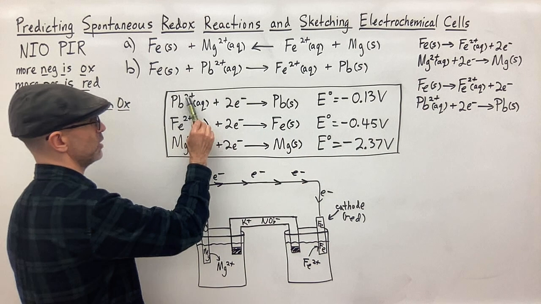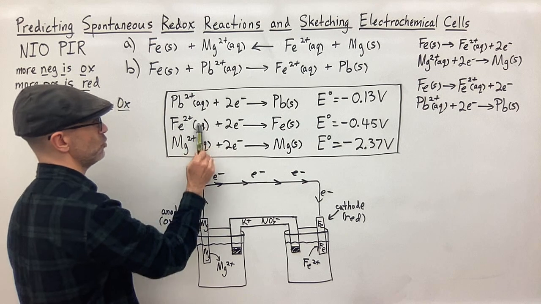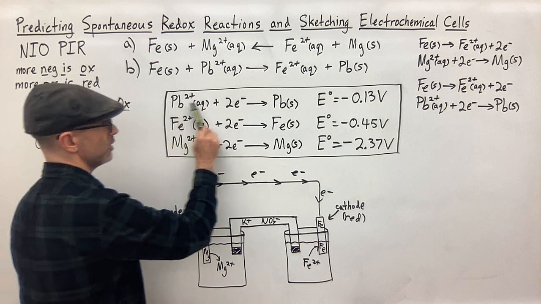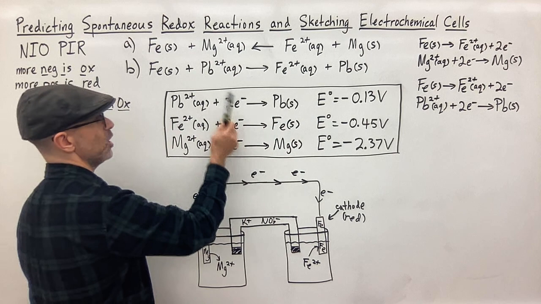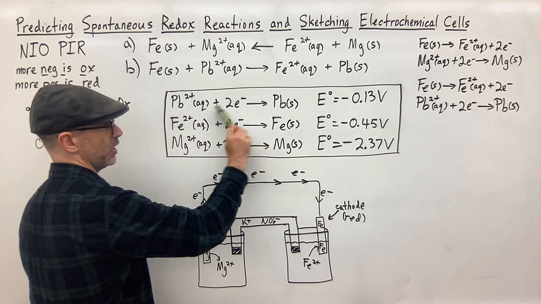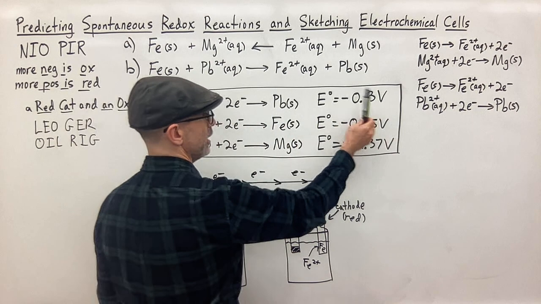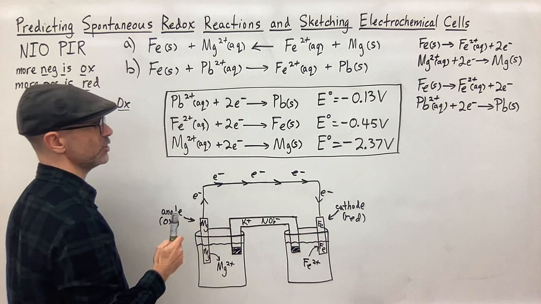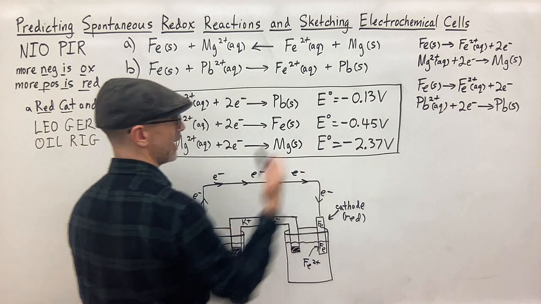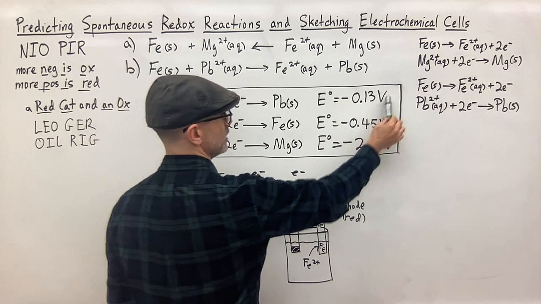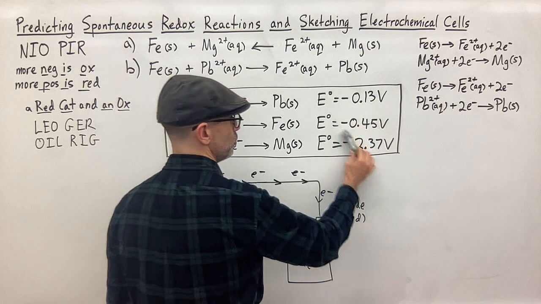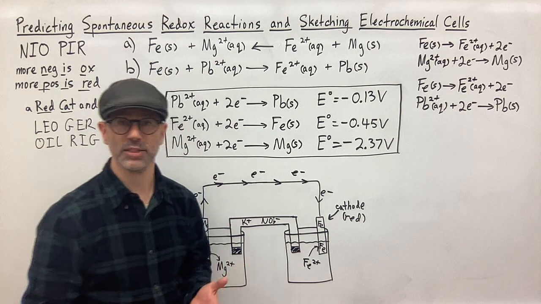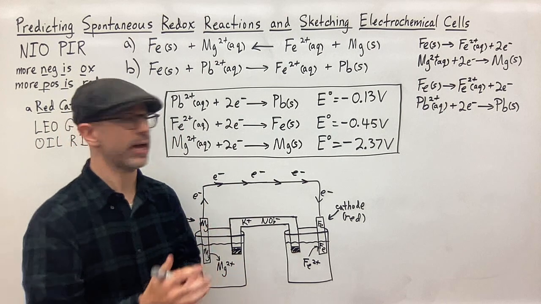This means that comparing these two relative to each other, the lead is going to be more likely to undergo reduction. It's higher on the table. It's less negative, so it's more likely to gain the electrons, right? So think of this as being more positive than this one. The electrons are negative. They are attracted to the more positive electrode, so they're going to go that way.